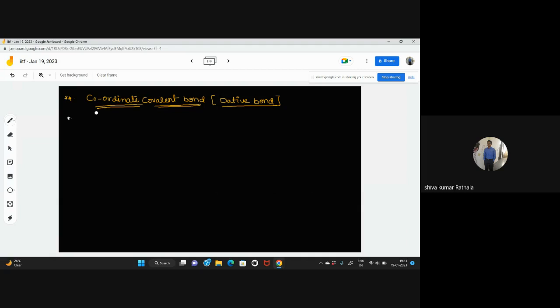In the earlier case, both atoms will give one electron each and both electrons are shared, isn't it? In a covalent bond. Whereas in this one, for bond formation, the required electrons will be given by one atom. That means one atom will give two electrons, and the two electrons are equally shared between two atoms.